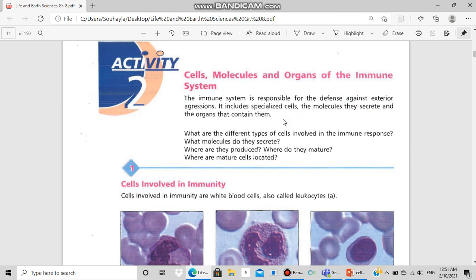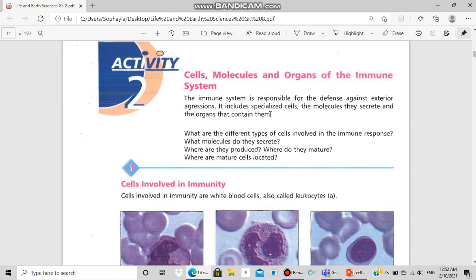The intruders like bacteria, viruses, and anything which does not belong to the body. This system includes specialized cells, the molecules which they secrete, and the organs that contain them.